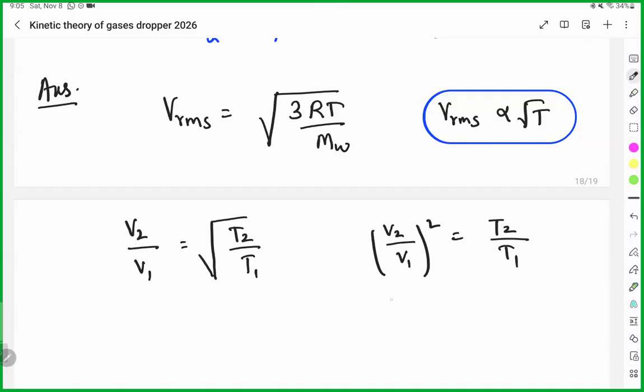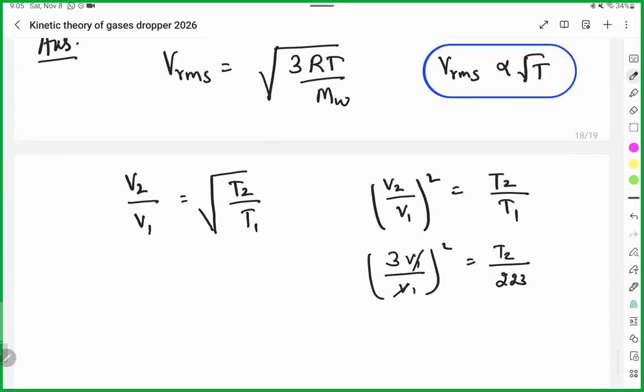What is the V2 value? 3 times of V1 divided by V1. This cancels. T2 by T1, the T1 value is 223. 3 square is 9. What will be the T2 value? 9 multiplied by 223. What is the answer?